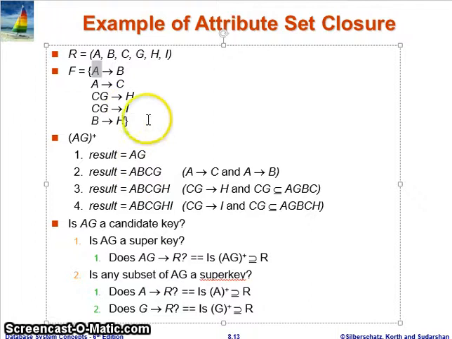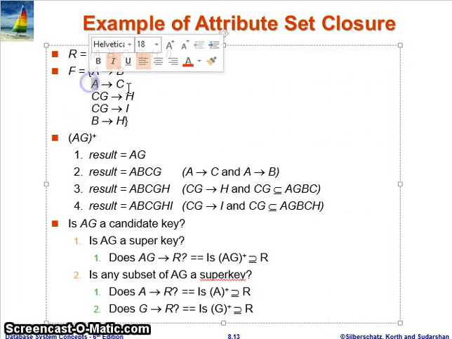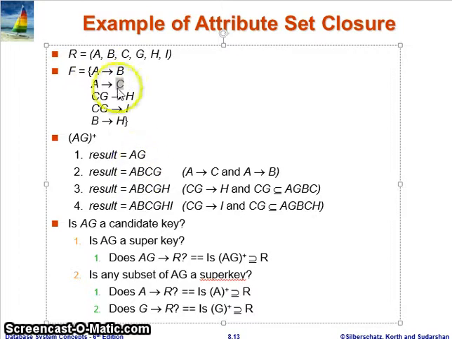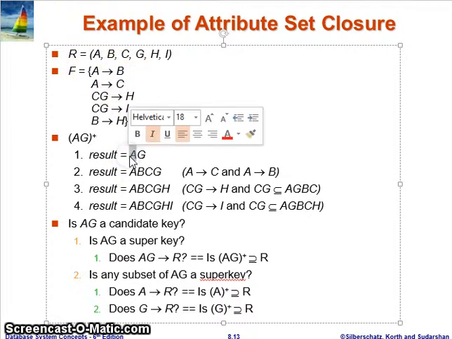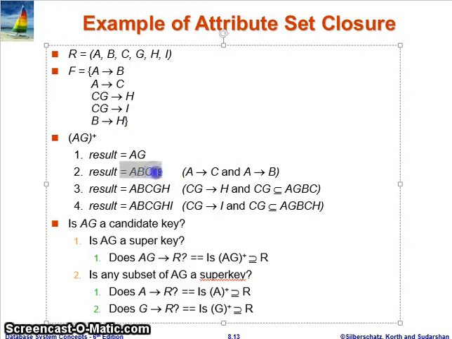With the help of A we can also derive C. So B and C we can easily derive with the help of A. A is already derived, G is also derived. So the result of the closure of AG is A, B, C, G. These attributes we can derive using these FDs.